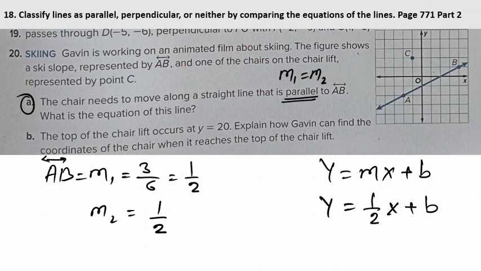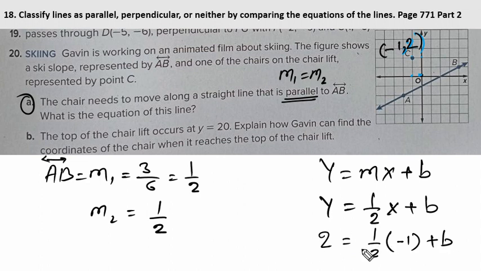And what is the point C? Point C is x equal to -1, and the y coordinate is 2. So substitute the values here: y is 2, 1 over 2 times -1 plus b.